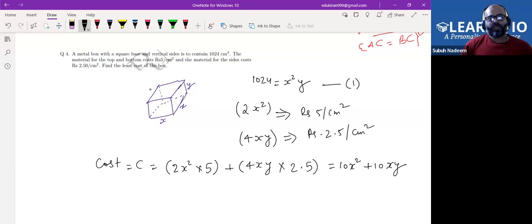Now there are two variables, x and y, but the relation between x and y is already given. So from here you can find y as 1024 by x square and put it here. After putting it here, you differentiate with respect to x. So just try this out.